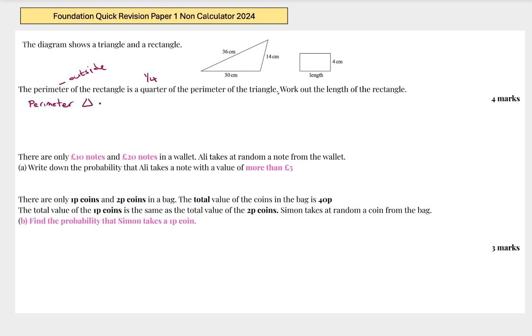of the triangle equals 36 plus 14 plus 30 equals 80 centimetres. So we've just worked out the perimeter of the triangle. But we also need a quarter of that to solve the perimeter, sorry, the length of the rectangle.